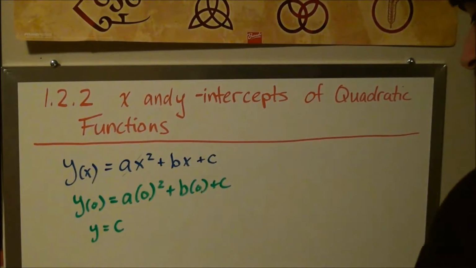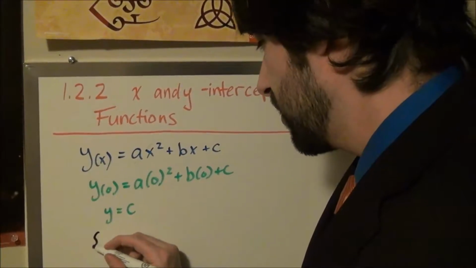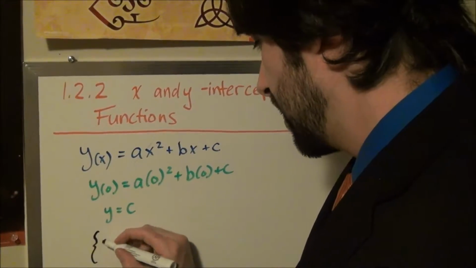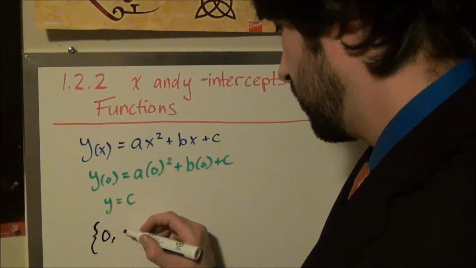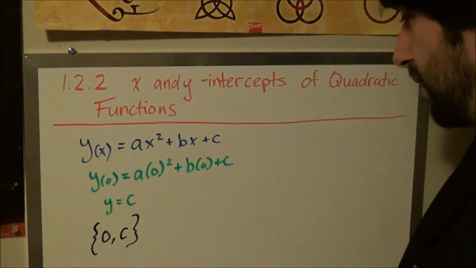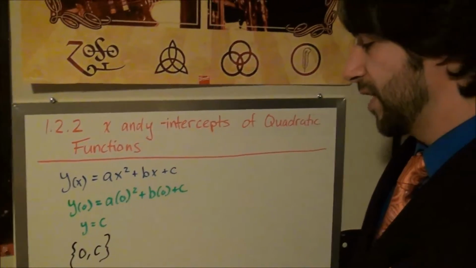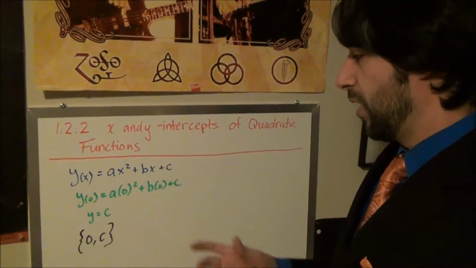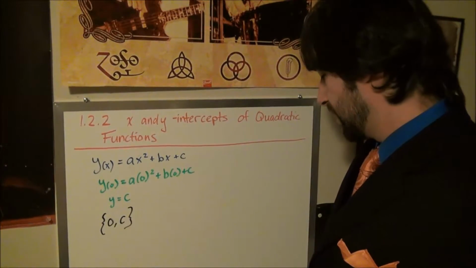We found our y value by setting x equal to 0, and we found that at that condition y must equal c. This is analogous to the linear case, where we found that the y-intercept was equal to the trailing constant at the end of the function.